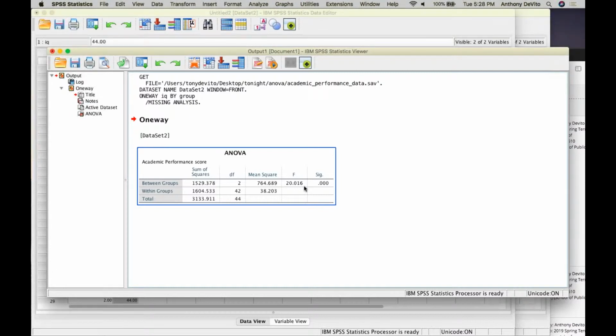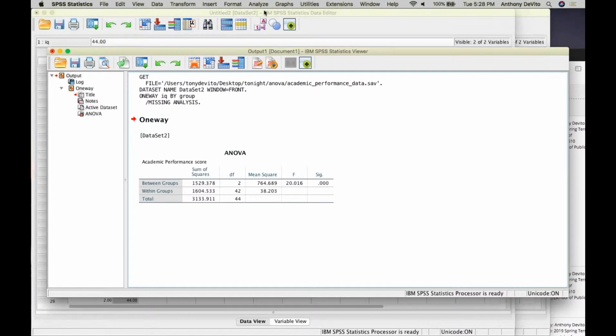But for our purposes with SPSS, we don't have to do that because it will give us the probability under significance, under Sig. So what's the probability you would be wrong if you reject the null hypothesis here? It's less than 0.1%, right? So since it's less than 0.05, we can reject the null hypothesis, and we know at least two of these means are different. At this point, we don't know which two, right?